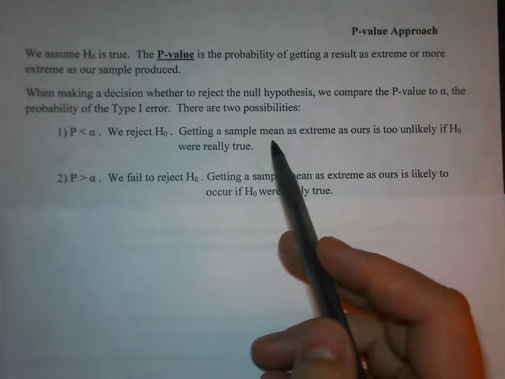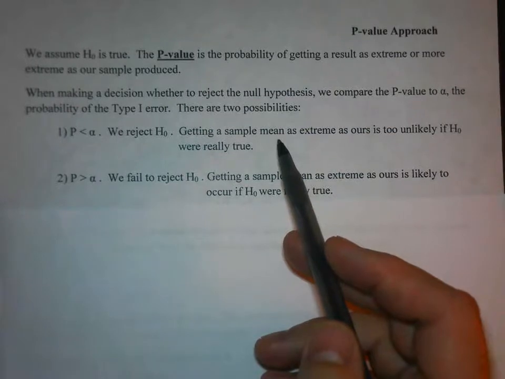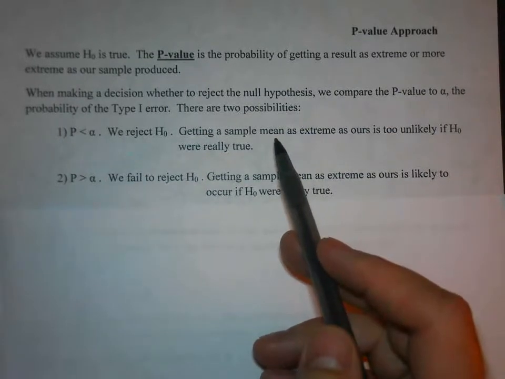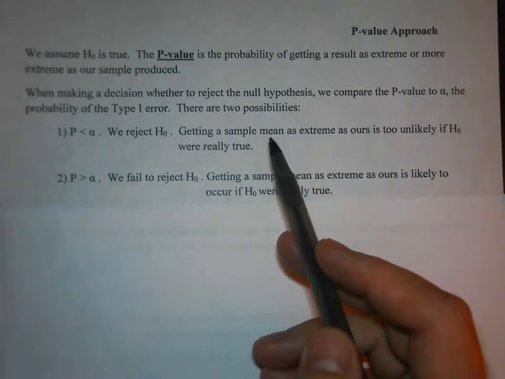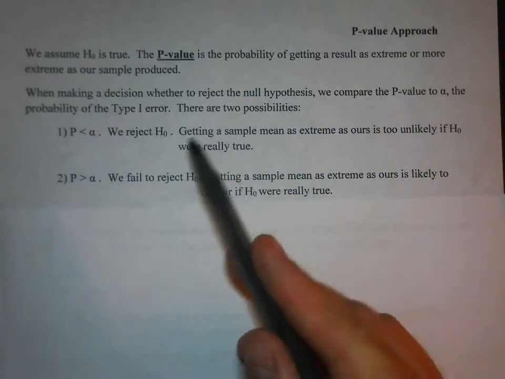So when we assume that H0 is true, after we collect our sample mean, we're going to see if that sample mean is unlikely to occur if H0 were really true. If that sample mean is too unlikely to occur, then we reject H0.